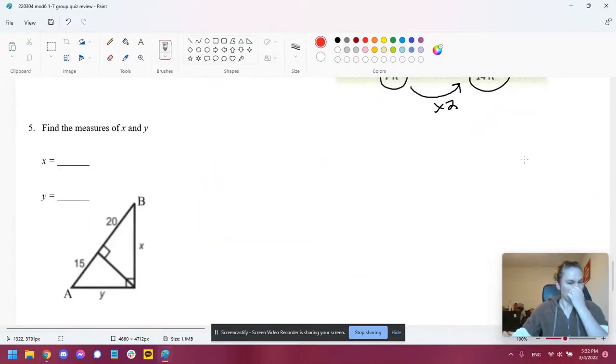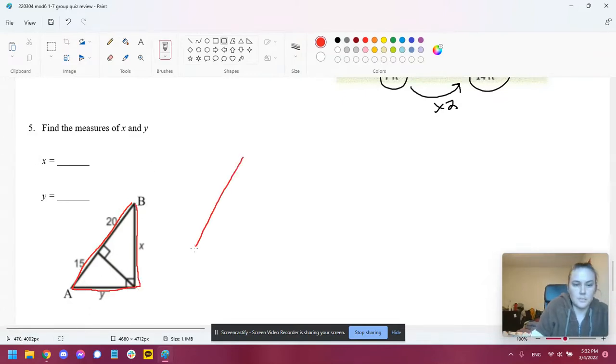Second to last one, find the measures of x and y. Oh, this is y'all's favorite, because what we're going to do is we're going to make 3 triangles. We're going to say this big triangle, the entire thing, we can write over here. This medium triangle, we can write over here.